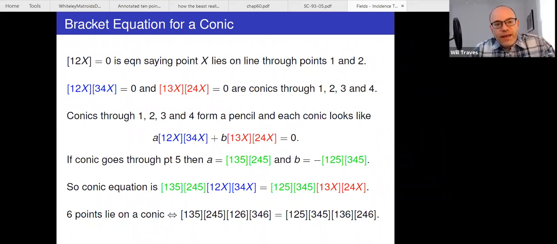That's right. Thanks. Yeah, it's well defined, of course, up to scaling. So this bracket expression on its own, this is a very important point. Thank you for asking. This bracket expression on its own only makes sense up to scaling. And in fact, this equation here, you might say, well, I don't know.